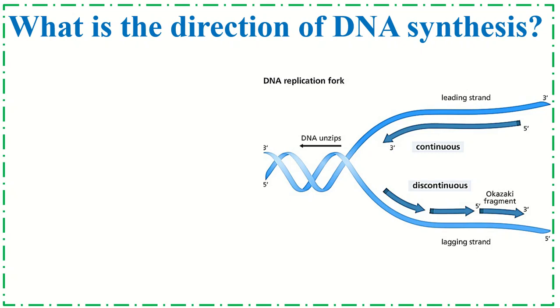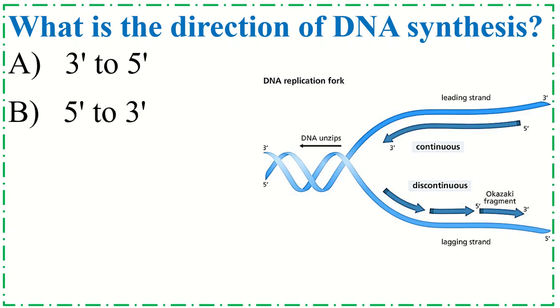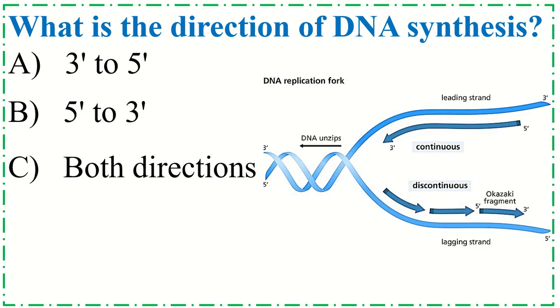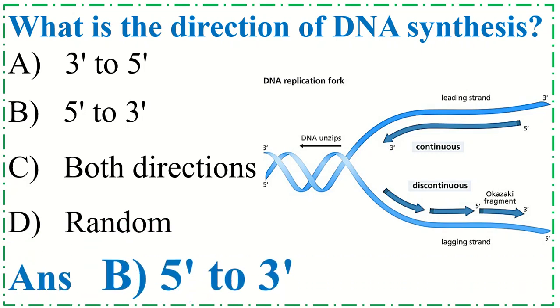What is the direction of DNA synthesis? Option A, 3' to 5', B, 5' to 3', C, both directions, D, random. Correct option is B, 5' to 3'.